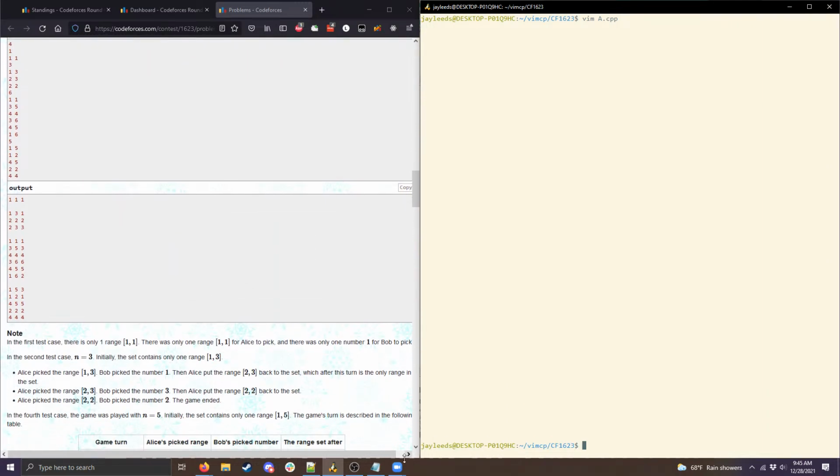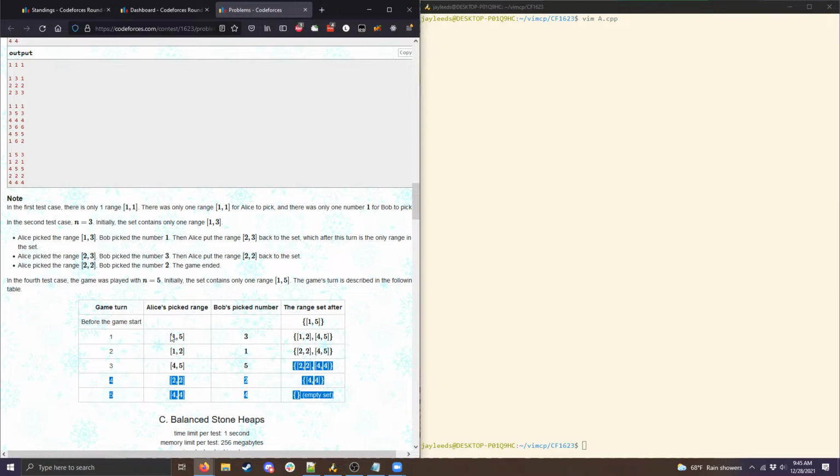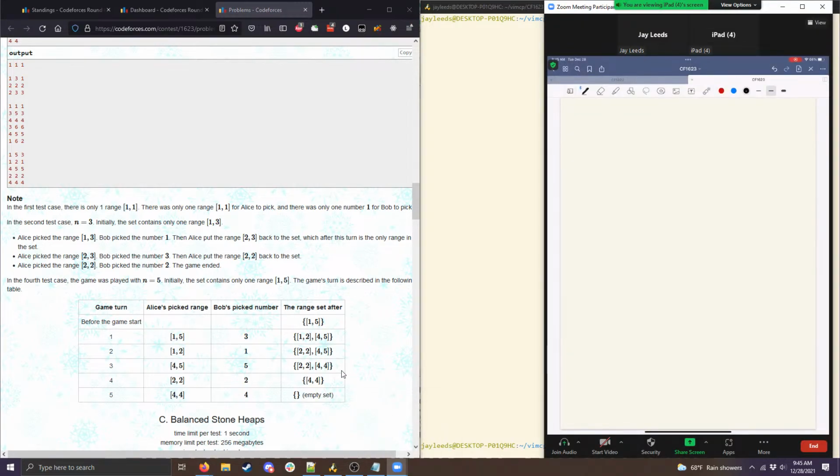If we look at the last sample input, and think about the first range as being 1 to 5, then D equals 3 is chosen, and so we can split it into 1 to 2 and 4 to 5.